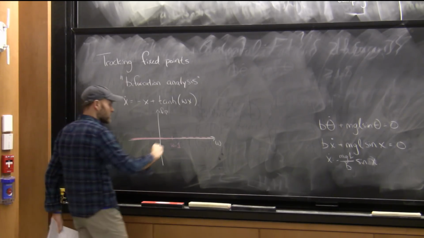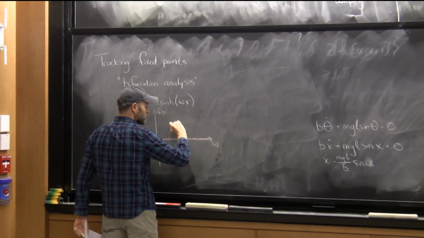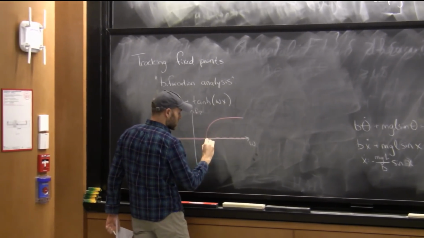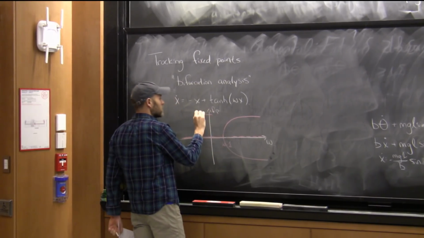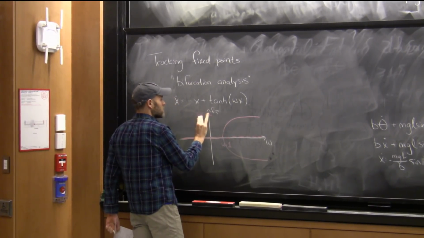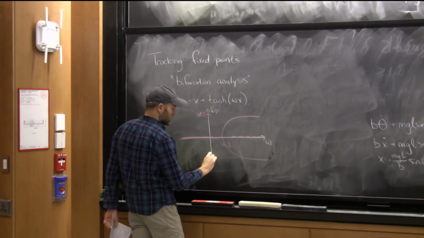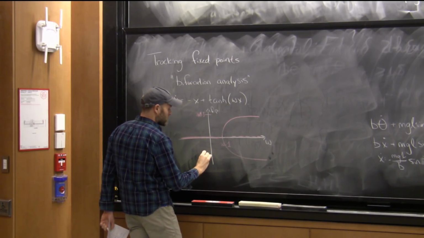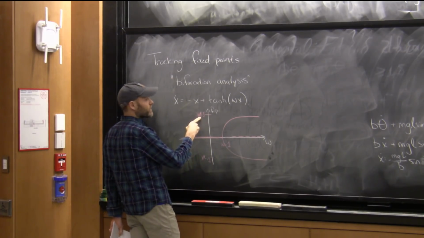And the plot, which is in the notes more carefully, looks like this. As a function of w, sometimes I will use x star to note a fixed point.